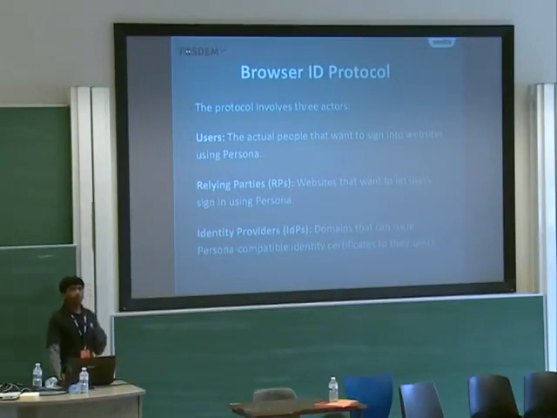Users are quite common, those who log in on the web, and relying parties, let's take as an example WebMaker. Webmaker.org is the relying party, and the identity provider is something which we use as a login. Like if you use something at yahoo.com as a login, that would be the identity provider.